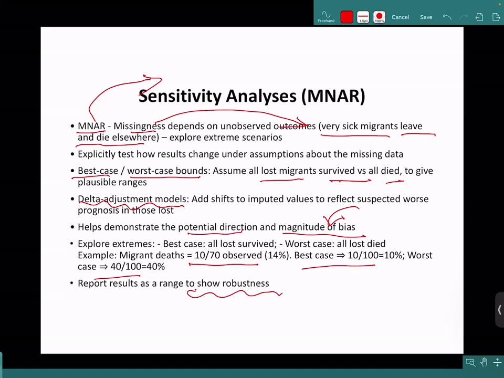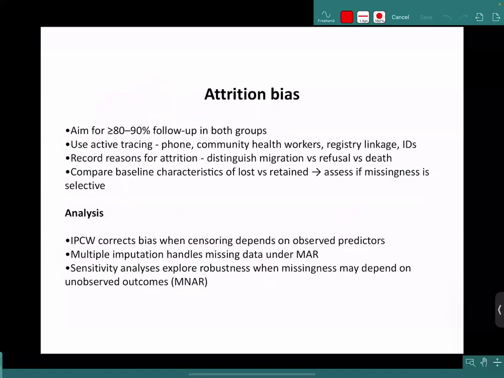Are you getting me here? Yes, ma'am. So this is to be done where you feel that your loss to follow-up is in some way going to be associated with the outcome. So these three concepts, I know they are newer concepts, but please read them up and try and understand and use them in your analysis.